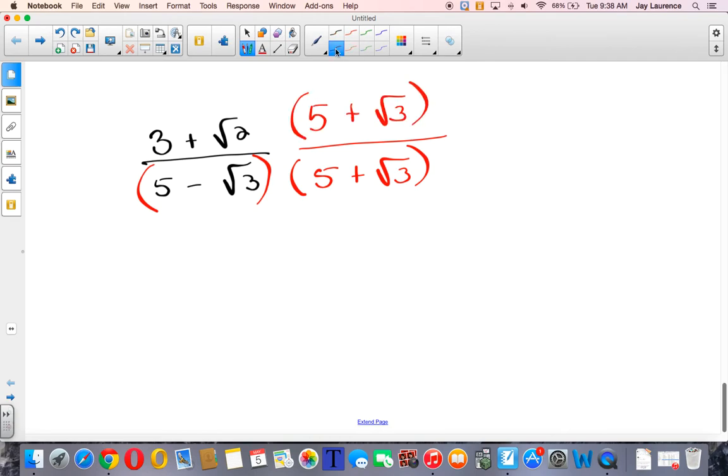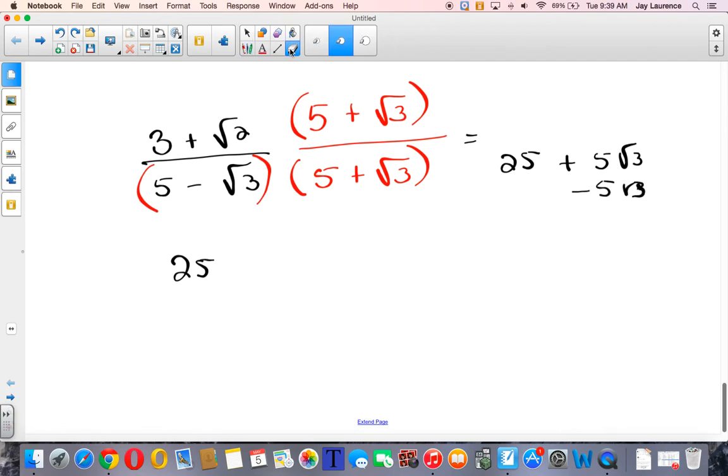And when I do that, the denominator is going to be double distribution, so I'm going to get 25 plus 5 rad 3 minus 5 rad 3.